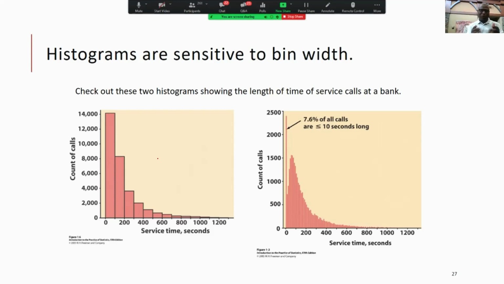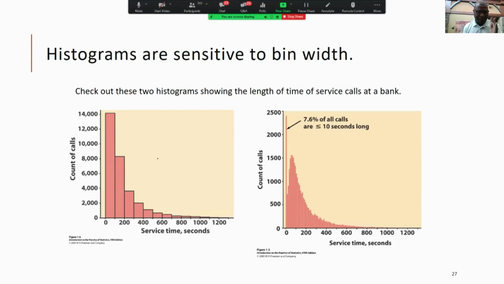So for instance, look at these two graphs we have here. This is essentially showing the same data set. The only difference here is that the bin size is different for each of them. Now, when you look at the one to the right, because the bin size here is smaller, you can see more.